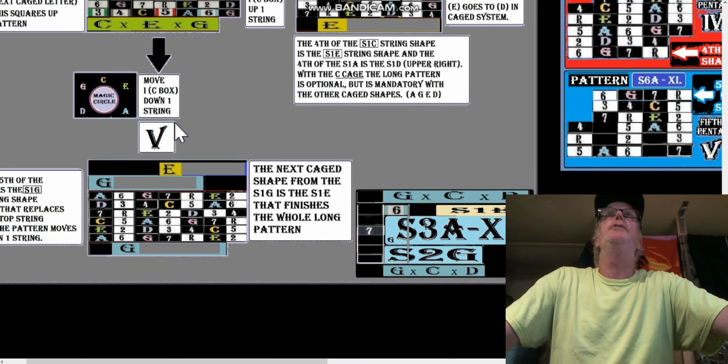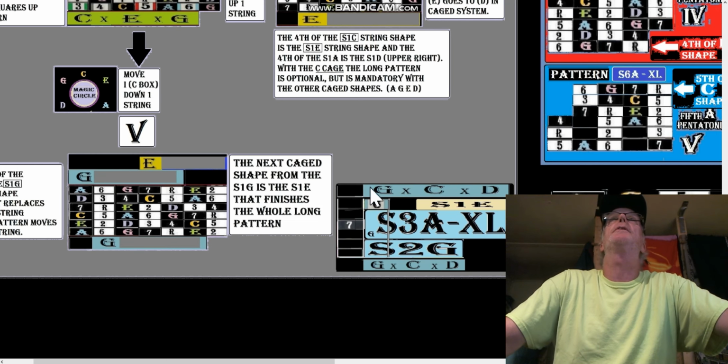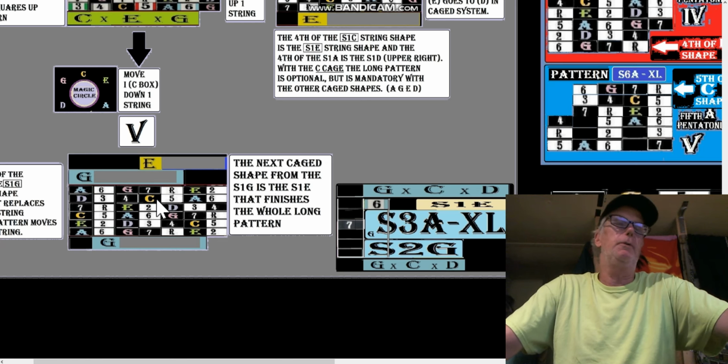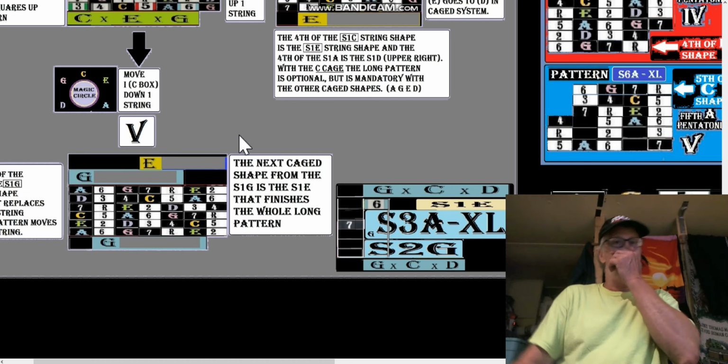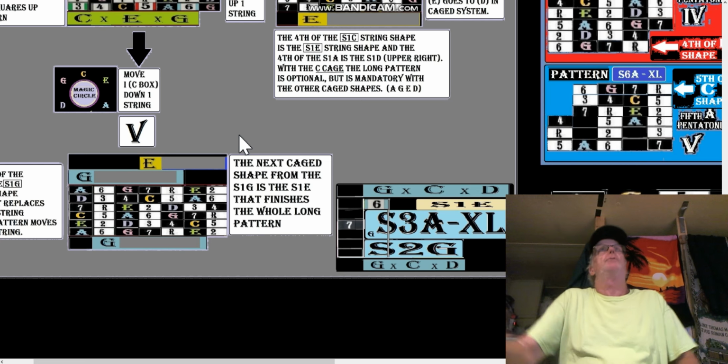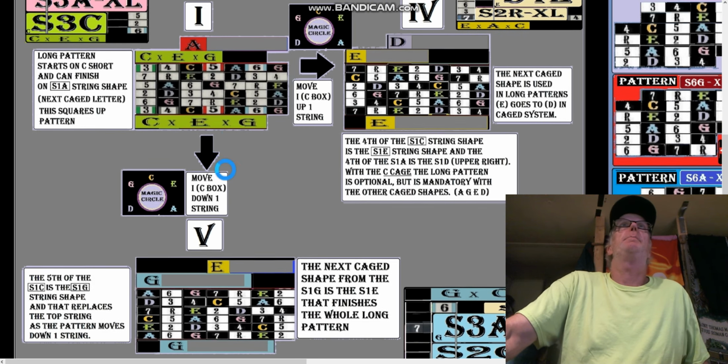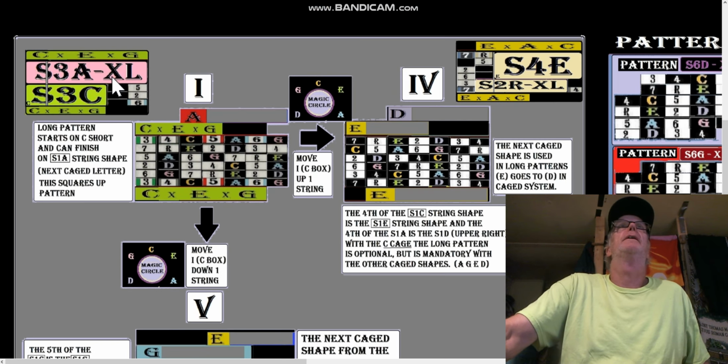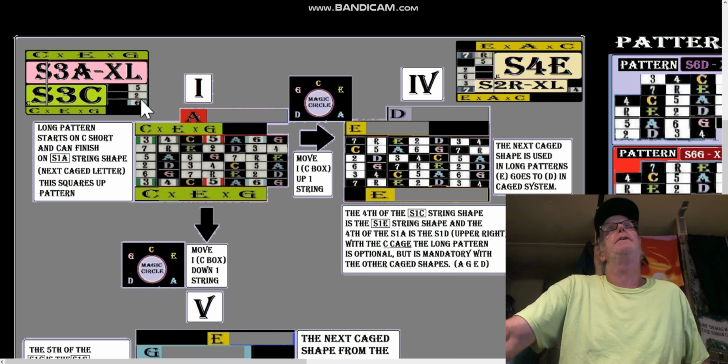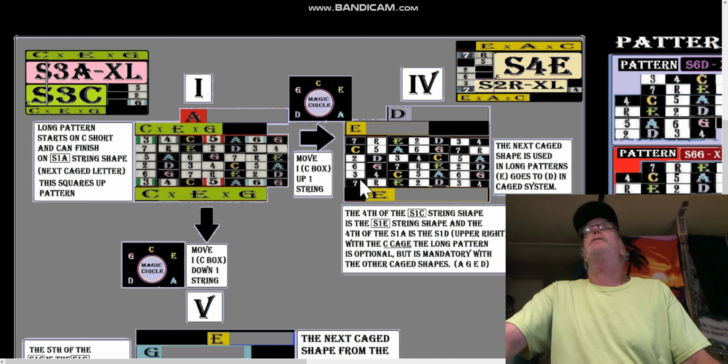If you know the pattern you're going to, you can play that pattern, okay? But if you don't, you have to move the pattern up, and that means playing it through the warp. Now, all patterns have to be played through the warp because it's P4 tuning. So you'll have to play this through the warp anyway. It's just that when you move this up, you're just going to warp at a different string. So that's what makes all this work.